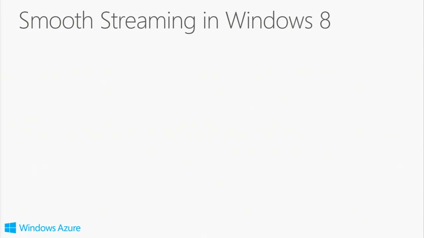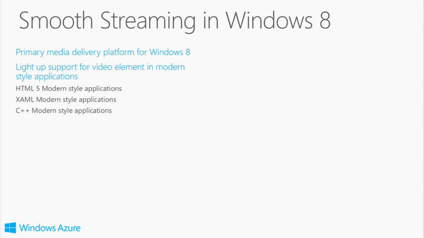Okay, so talking about smooth streaming in Windows 8, we believe that's the primary media delivery protocol for Windows 8. We have HTML5 Metro style applications and XAML Metro applications for supporting smooth streaming. So you may wonder, why smooth streaming? I just want to explain a little bit about why use adaptive streaming.